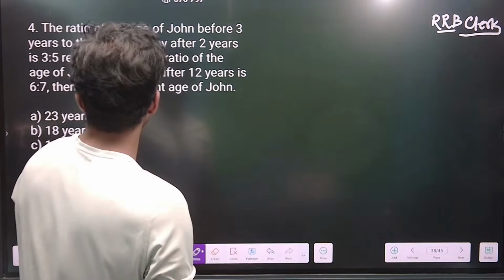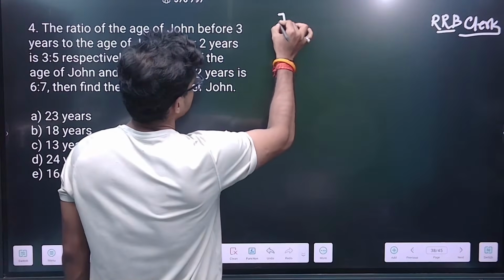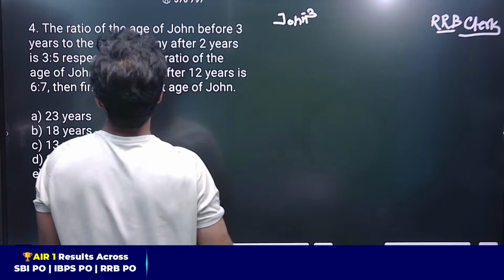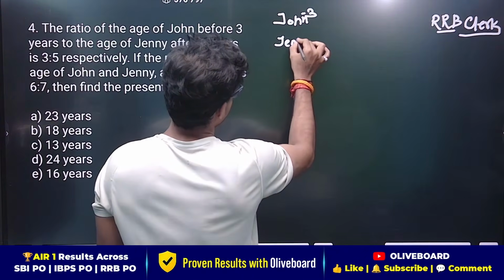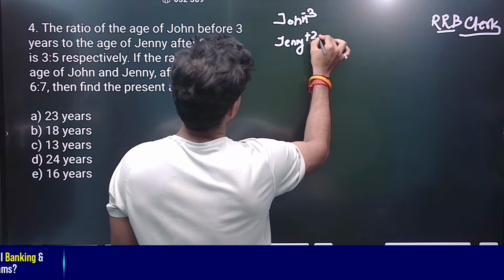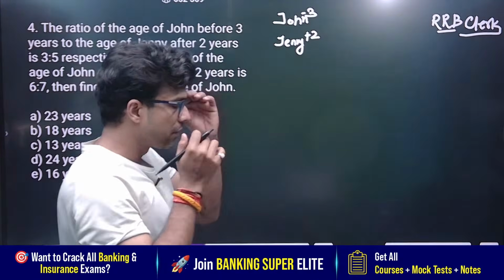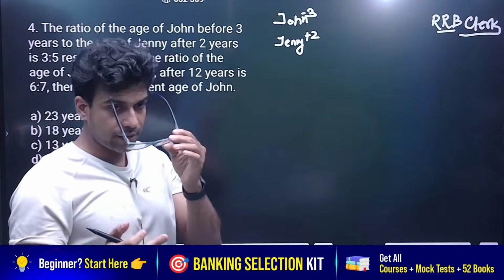Okay, let's see the ratio of the age of John before 3 years, John minus 3, and Jenny after 2 years, Jenny plus 2. First of all, now we are working here with the present, right?